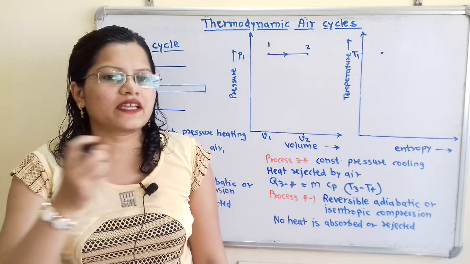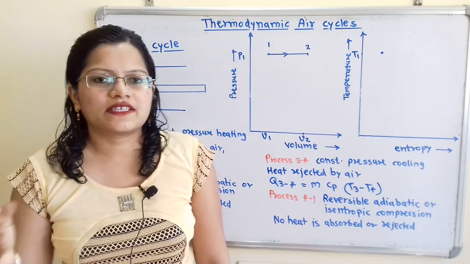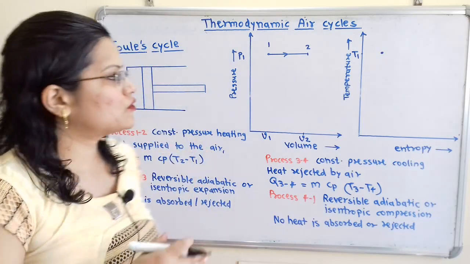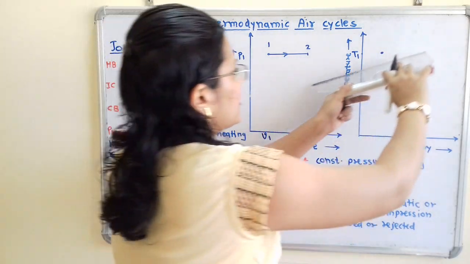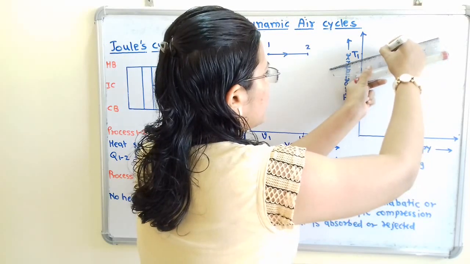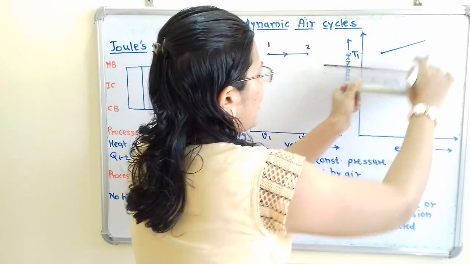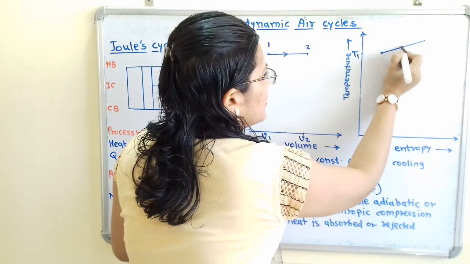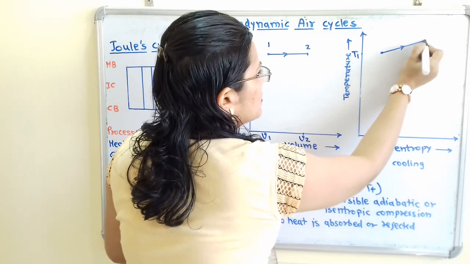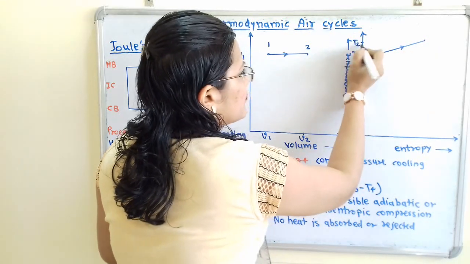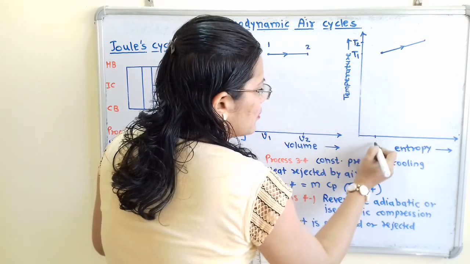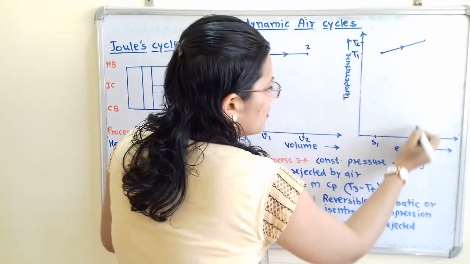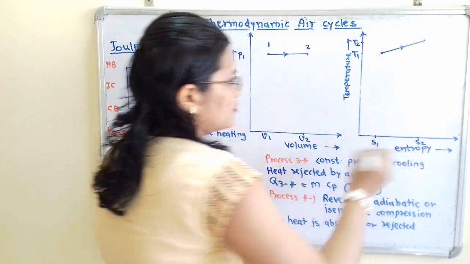So remember, when the heat is absorbed, then there is the increase in entropy also. We have to show that temperature is getting increased and entropy is also getting increased. Here is the temperature T2 and here is entropy S1 and here is entropy S2.